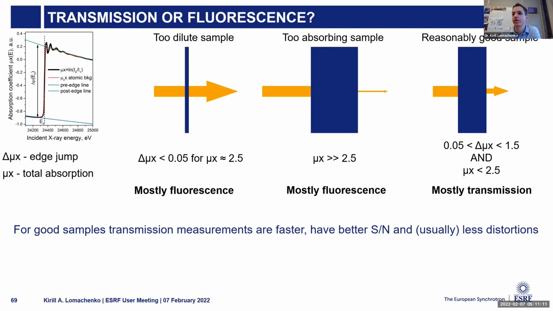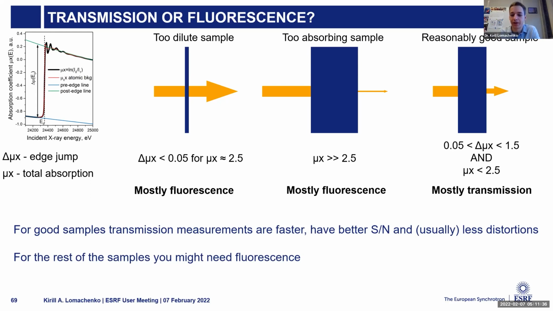They have better signal to noise ratio, and usually they have fewer distortions due to self-absorption. So it's always better, if you can, to measure in transmission. If you cannot, it's better to have fluorescence than nothing. But you should privilege transmission.